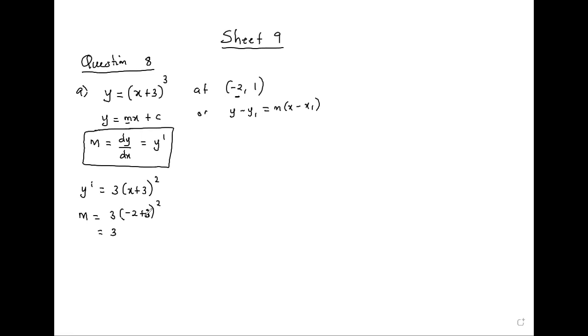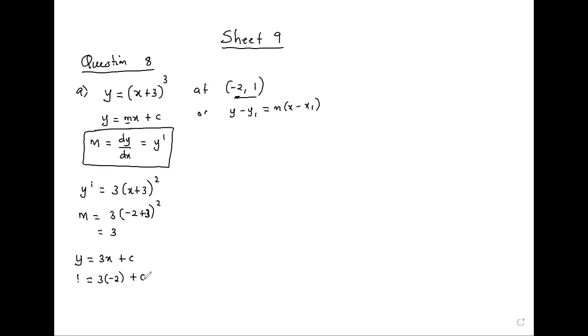So when m is equal to 3, we can go back and write the tangent equation. So say y equals 3x plus c. How do we find c? We use the point. So where there is y, we put 1. Where there is x, we put -2.